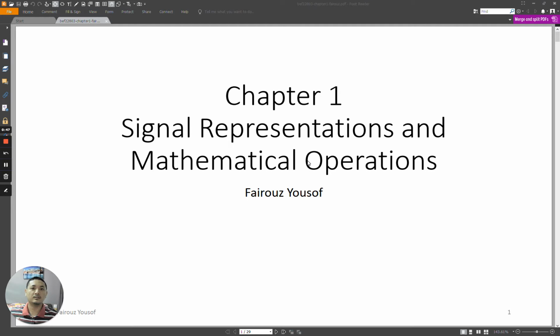So you really need to understand and master the signal, drawing of the signal, and representation of the signal in mathematical equation, because we are going to use this in chapter 2, 3, 4 and 5 and so on, right?